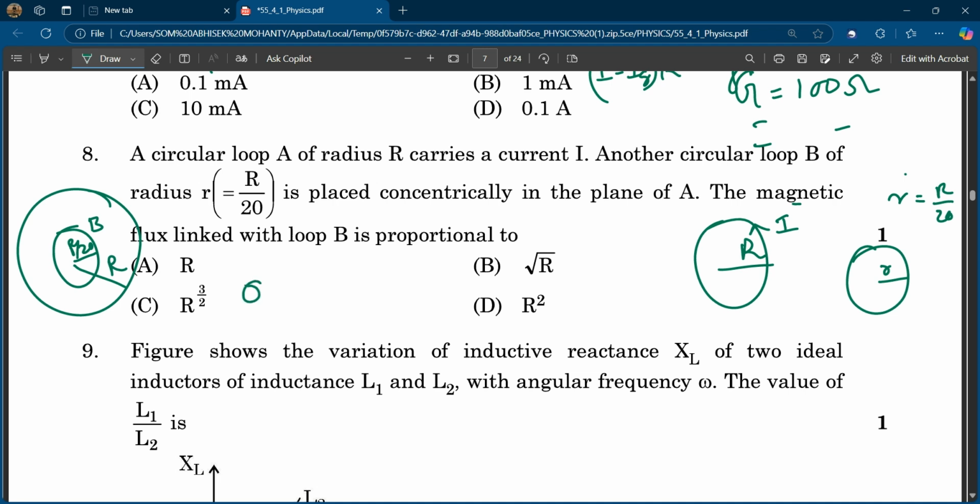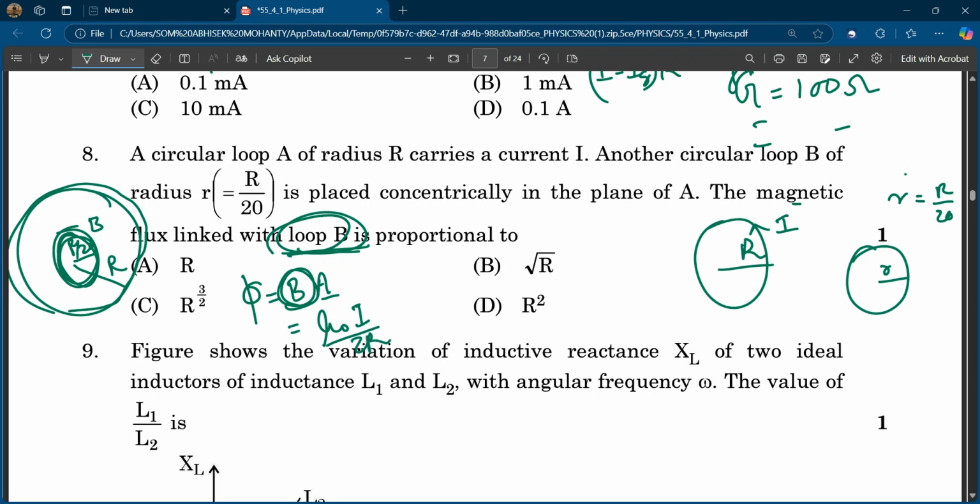Flux is equal to magnetic field into area. The magnetic field will be of the bigger loop and the area will be of the smaller loop, because flux is linked with that loop only. So the area will be of loop B, but the magnetic field is because of the bigger circle. The magnetic field is mu naught I by 2r, due to a circular loop of radius r, into the area of the smaller circle, pi r square by 4.